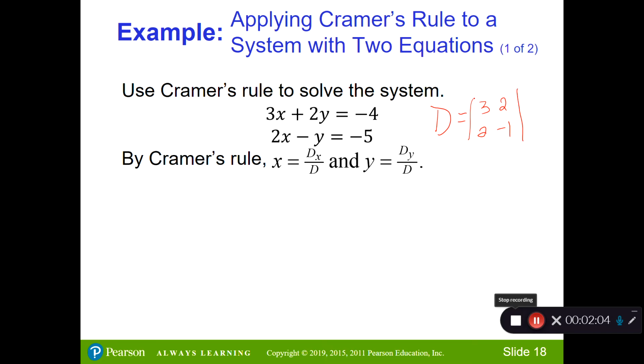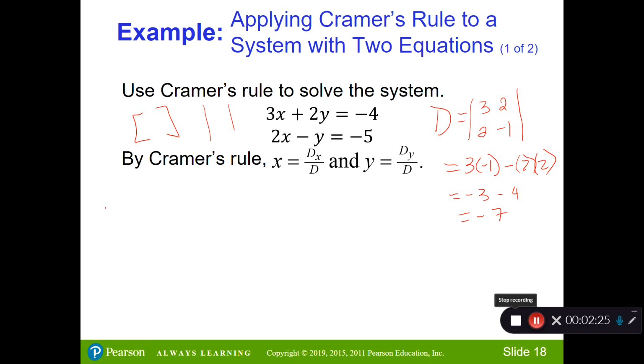And by the way, notice that when I use the brackets, that's a matrix. When I use just straight lines, that's a determinant. Okay? So here, I would say this is 3 times negative 1 minus 2 times 2. So we get negative 3 minus 4, or negative 7.